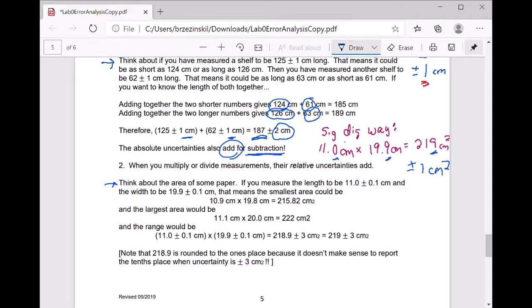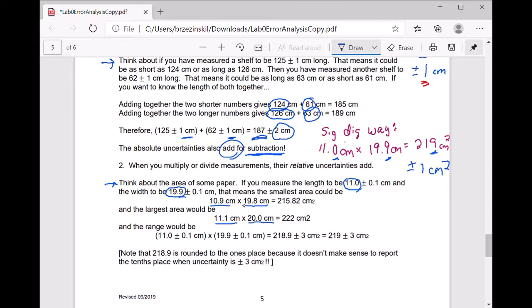But if we look at this a little bit more closely, 11.0 centimeters plus or minus 0.1 centimeter means that you could have something as small as 10.9 centimeters or something as large as 11.1 centimeters. Similarly, 19.9 plus or minus 0.1 centimeters means that the length or the width could be as short as 19.8 centimeters or as long as 20.0 centimeters.